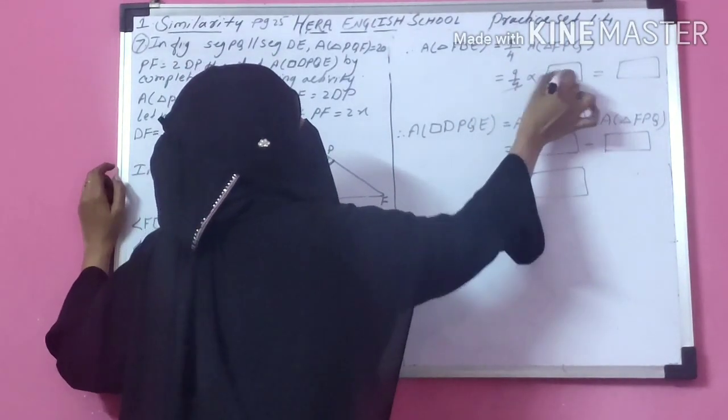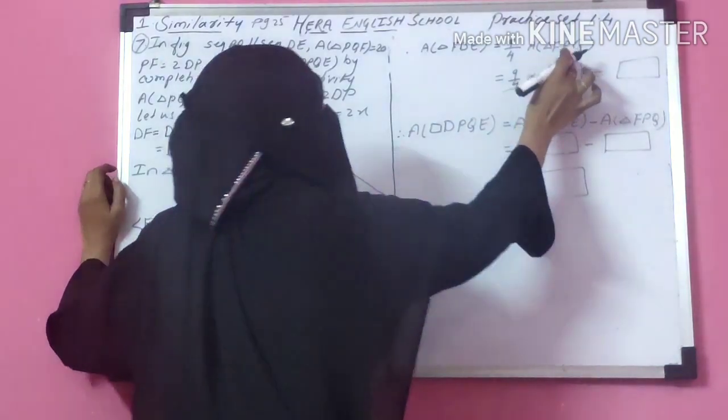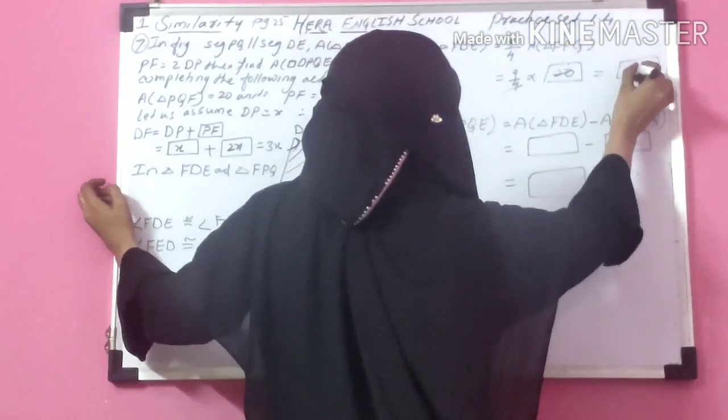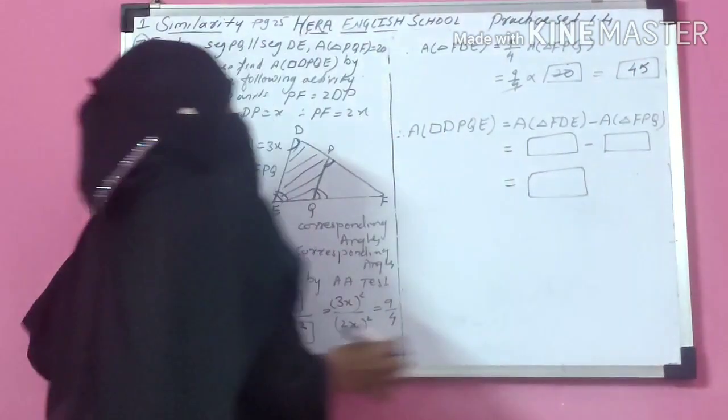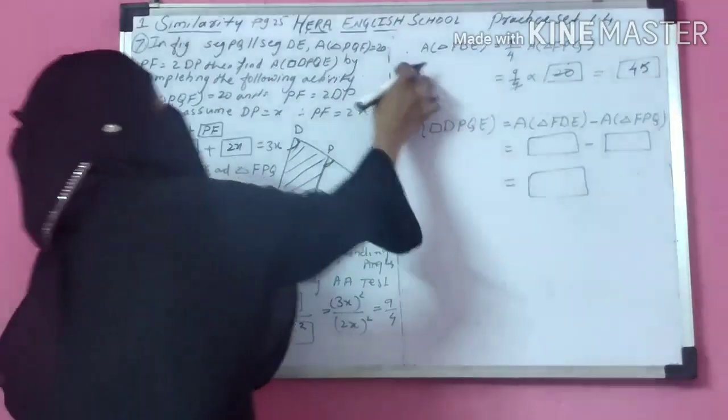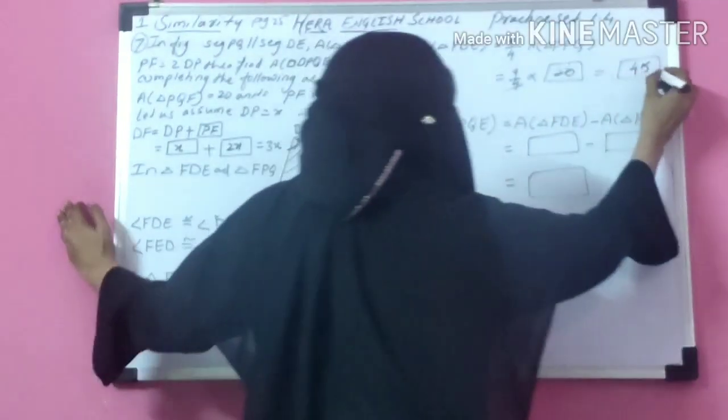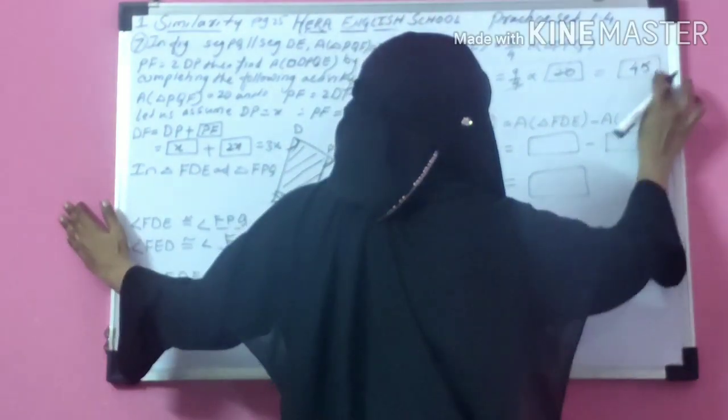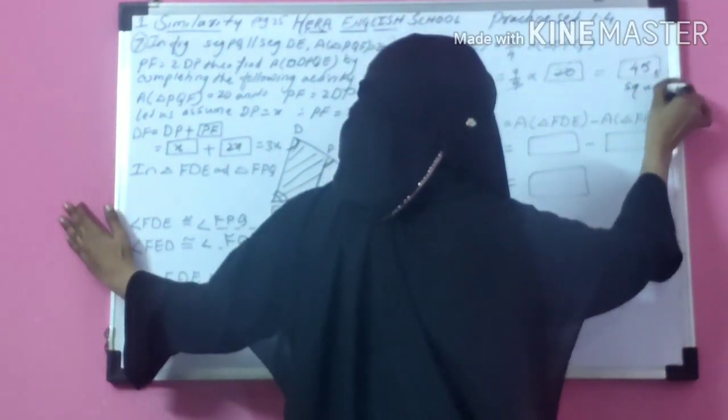Now reduce: 4 1s are 4, 4 5s are 20. Then you get 9 5s are 45. Now you get the area of triangle FDE as 45 square units.